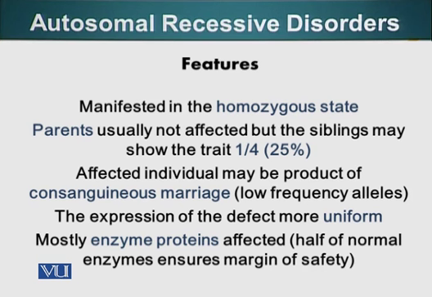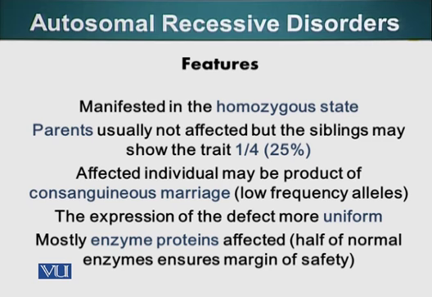As we have already talked, enzymes are very potent catalysts. So even if half the population of enzyme is abnormal, the normal enzyme population can mask the effect of abnormal enzyme.